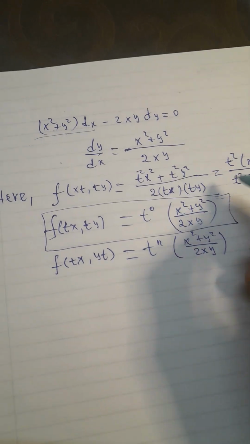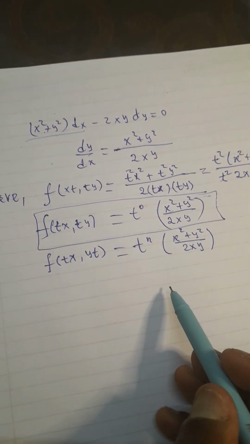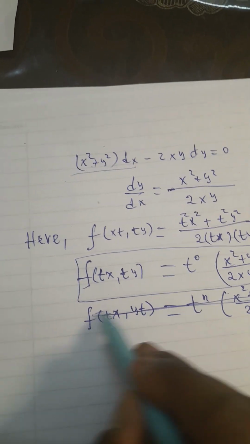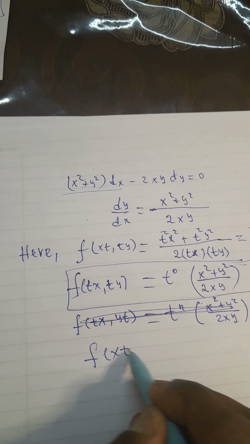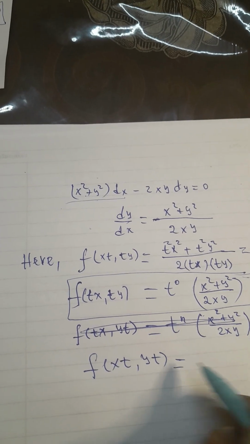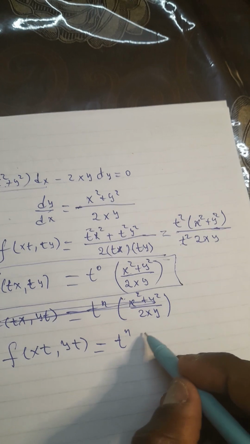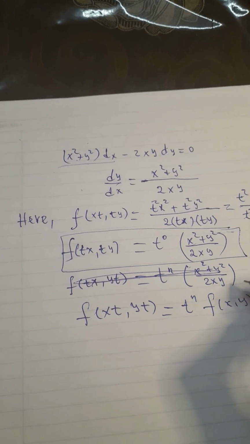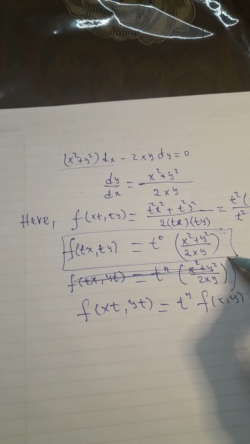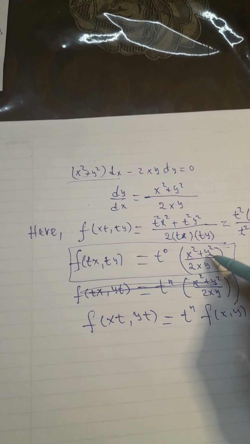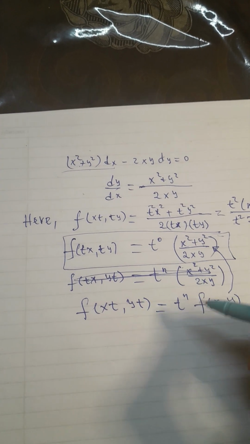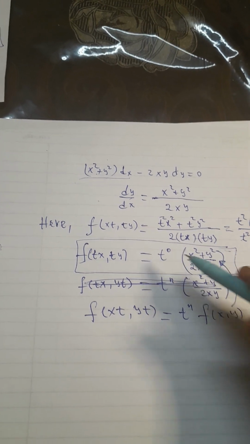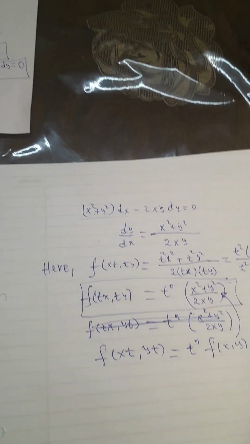This is f of tx, ty equal to t to the power n times f of x, y. If you compare, you'll see that this expression is equal to this one. This is your f of x, y, and this is your t raised to n, here raised to 0. So that means that this function is homogeneous.